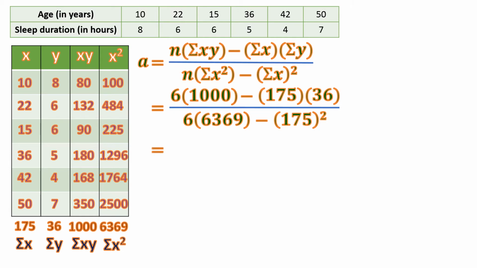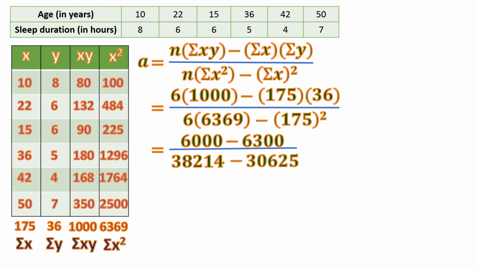Then we will now compute 6 times 1000 is 6000, minus the product of 175 and 36, which will be 6300. The product of 6369 times 6 will be 38,214, minus the square of 175, which is 30,625.